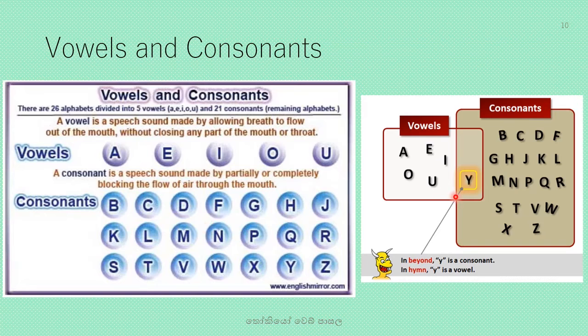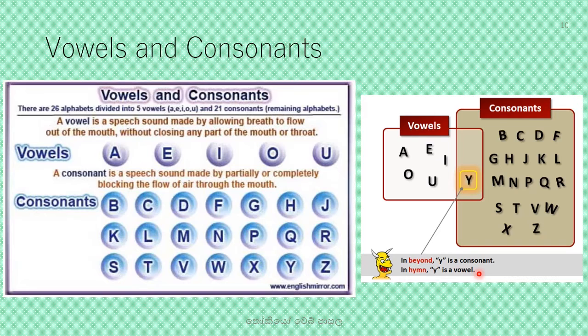But as I said, we have 5 vowels and the remaining are consonants. There is an exception where Y sometimes can be considered a consonant and sometimes a vowel.